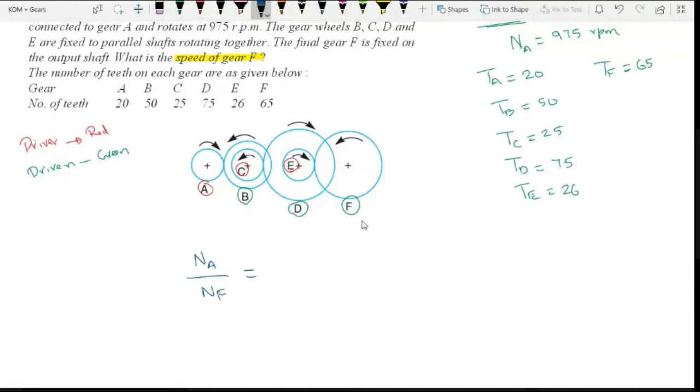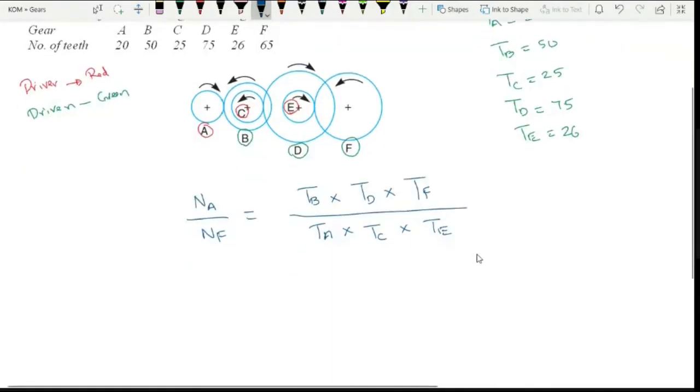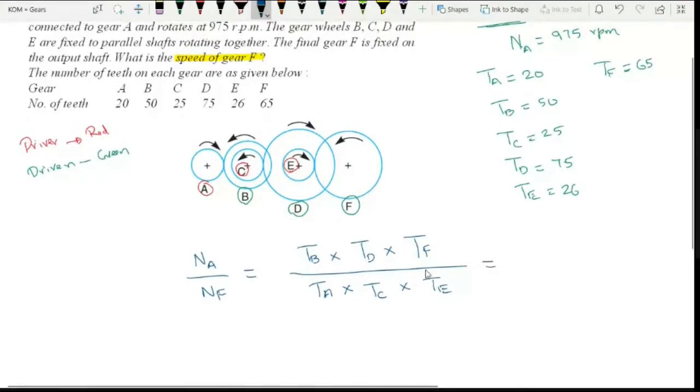Driven gears are in green color, which means TB into TD into TF divided by the product of driver gears, which is TA into TC into TE. So let me substitute it: 50 into 75 into 65 divided by 20, 25, and 26.